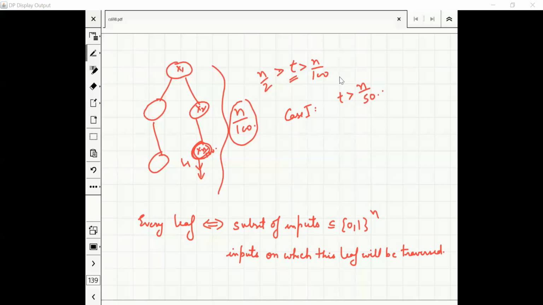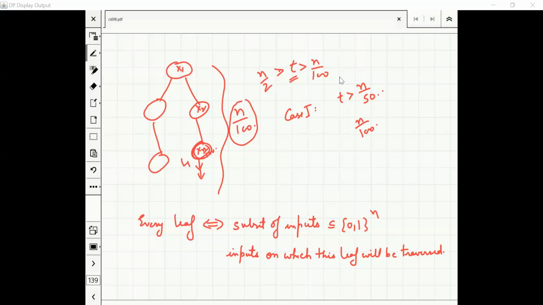Okay, when t is greater than n by 50, that means in any computational path, you have only seen at most n by 100 ones. Agreed? Right? Because the length is n by 100, you have only seen at most n by 100 ones.